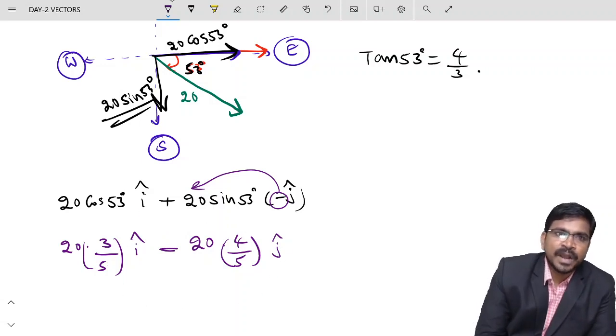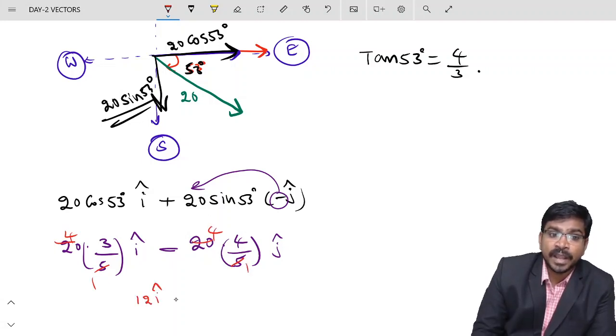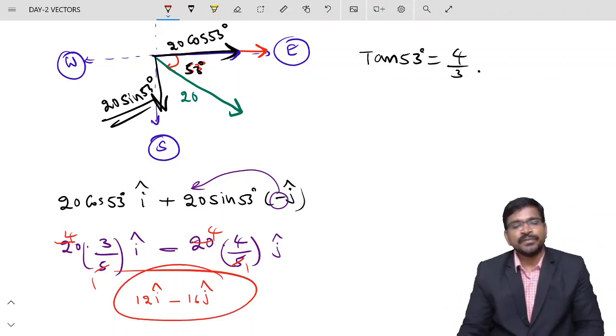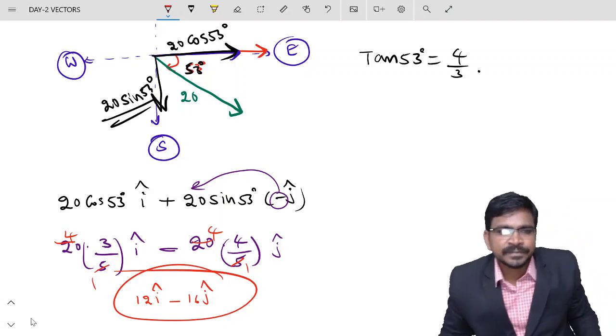Now 5 1 5 4, similarly 5 1 5 4. So you will be getting 12 i cap minus 16 j cap as the final answer. Okay.